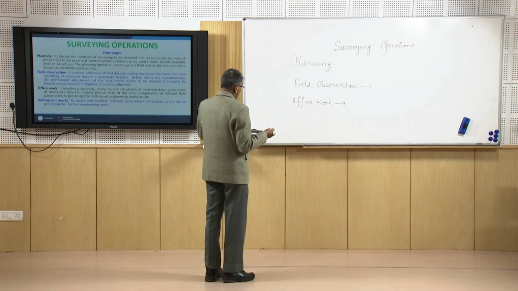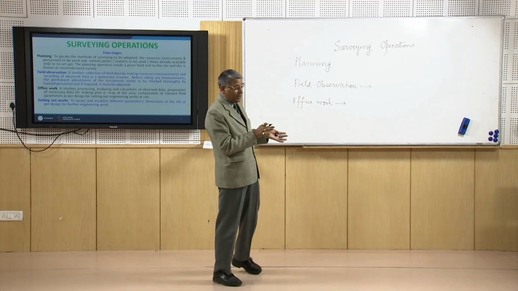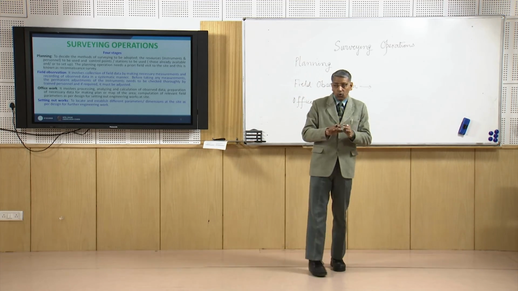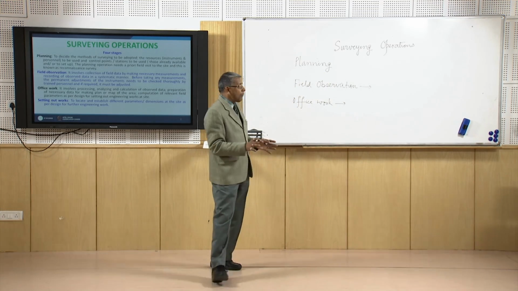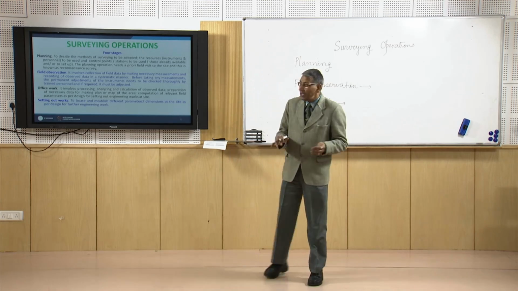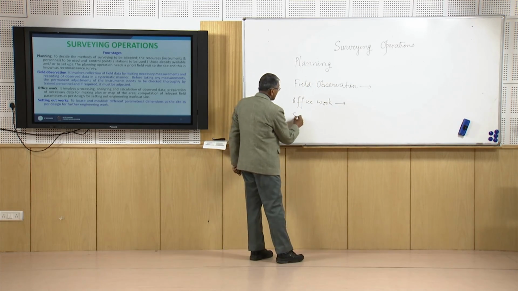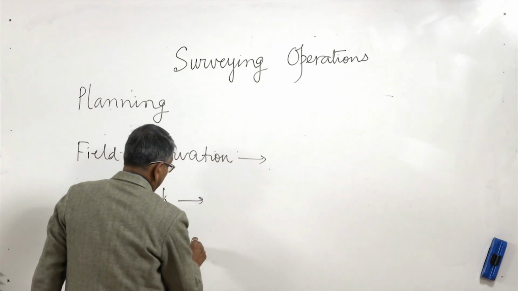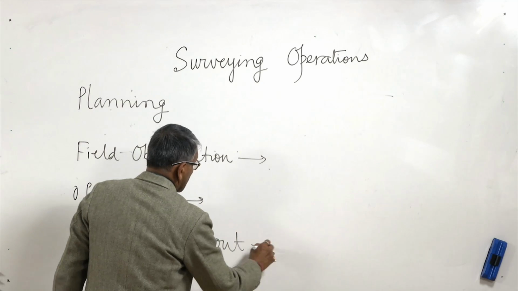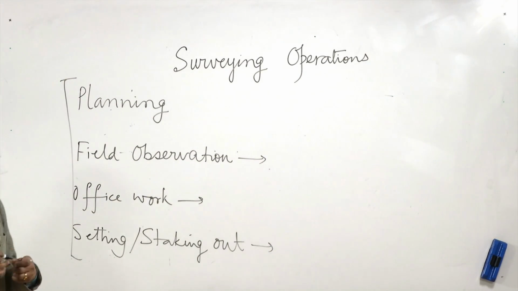Once our office work is over, we make use of that to prepare the map, we plan our project on the map, and we find out some salient points of our project, and then finally we go back to the field for our setting or staking out operation. So these are the 4 fundamental steps which we adopt for carrying out any surveying.